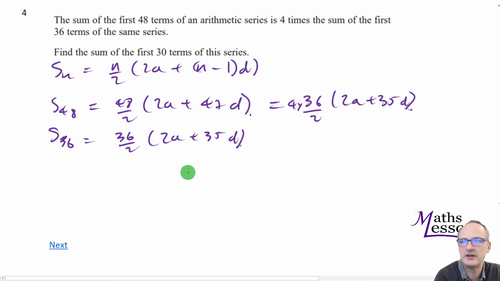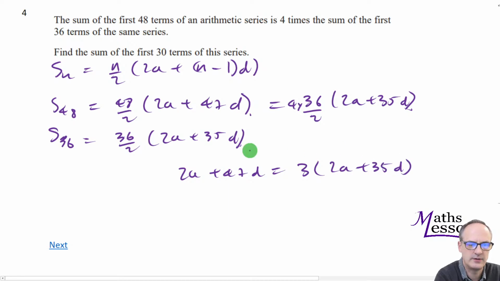Simplify this side, I can probably divide throughout. I can cancel out the 2s, divide throughout by 48, and I'm just left with (2a plus 47) lots of d on this side, and on this side I end up with just a factor of 3 here, times (2a plus 35 lots of d) if I divide both sides by 48 over 2.